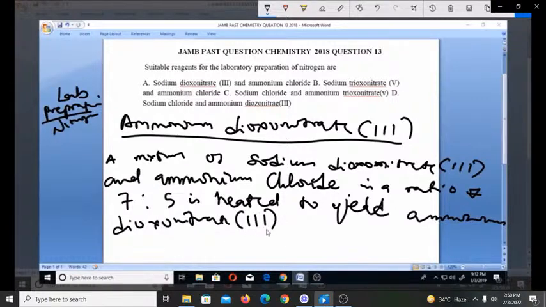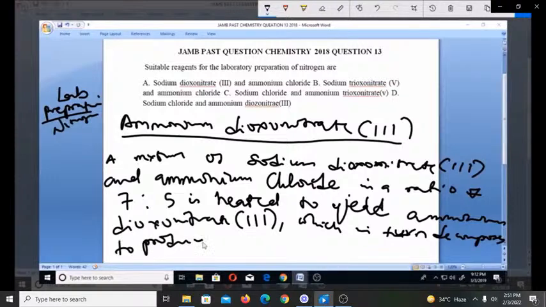This ammonium dioxonitrate 3 in turn decomposes to produce nitrogen and steam. So you see the way nitrogen is produced from ammonium dioxonitrate 3.